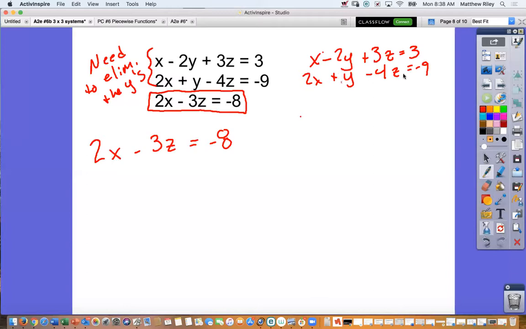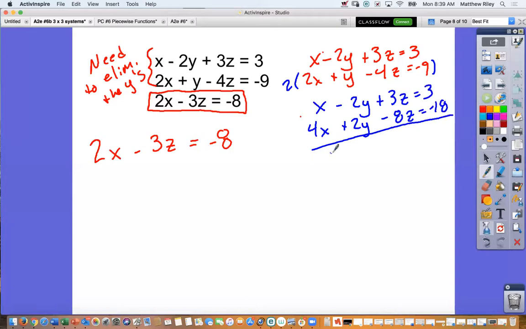So what can I multiply this second equation by to eliminate my y's? By positive 2. So I can multiply the entire second equation by positive 2, and then that will give me the top one stays the same, and the bottom now my y's cancel out, so I've got 5x minus 5z equals negative 15.